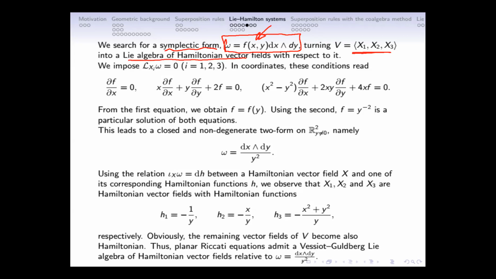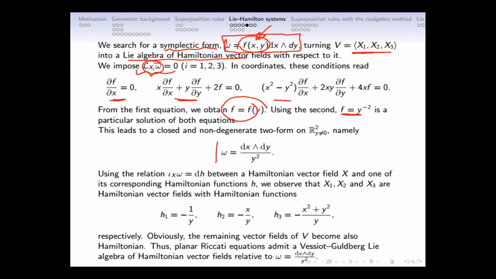So we have to impose that the Lie derivative of the symplectic form, which we have to look for, with respect to each of the vector fields of the Vessiot-Guldberg Lie algebra is 0. If I take a general function here, I will get this for these particular vector fields of the Riccati equation, and I'm able to compute an f with the first condition. And with the second condition, I get the coefficient.